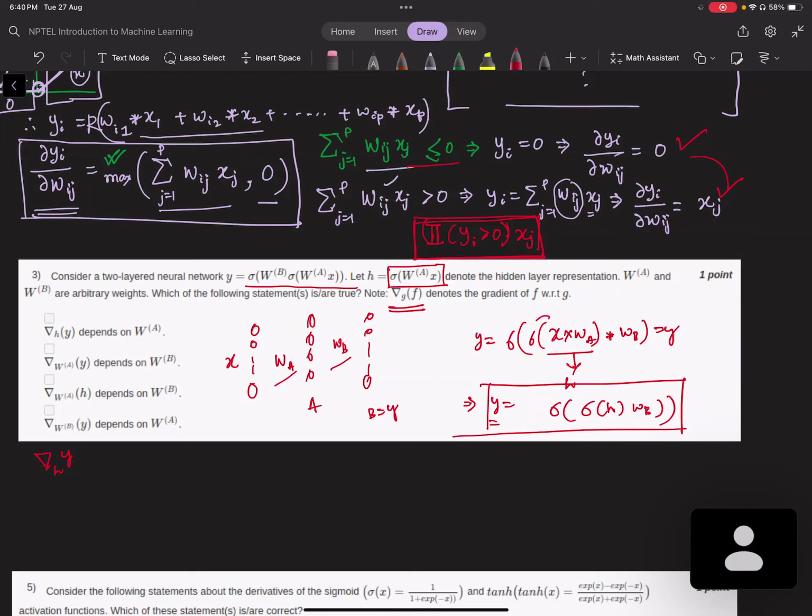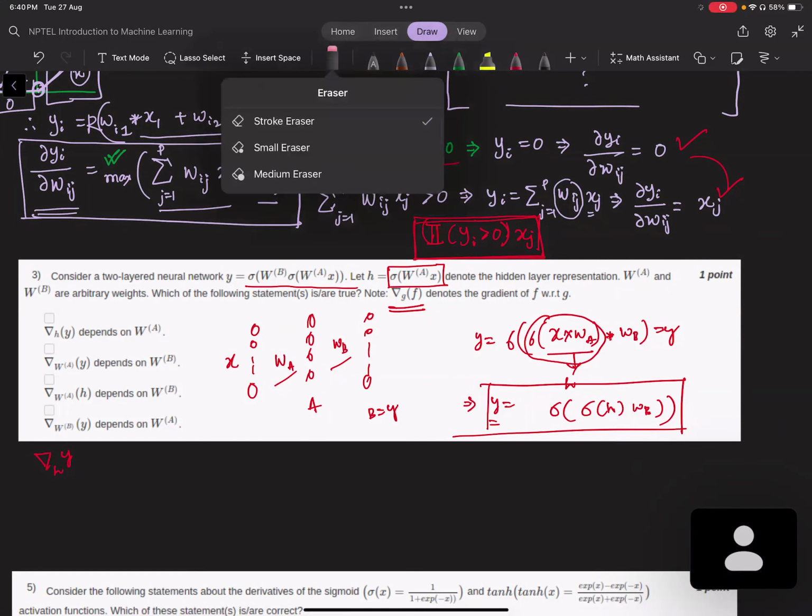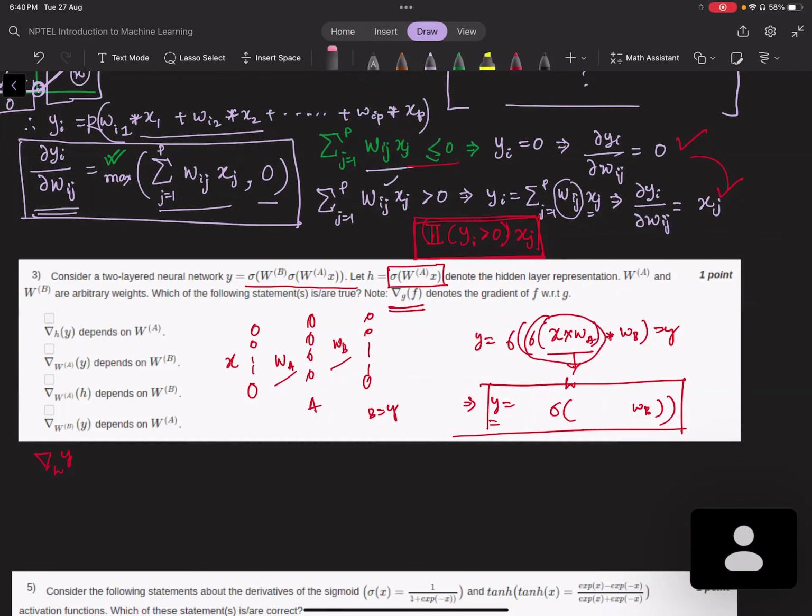So this entire thing is H. So you can replace this as H. So first is gradient of Y with respect to H. That is simply equivalent to dou Y by dou H. But since it is a vector, you have to write the gradient.